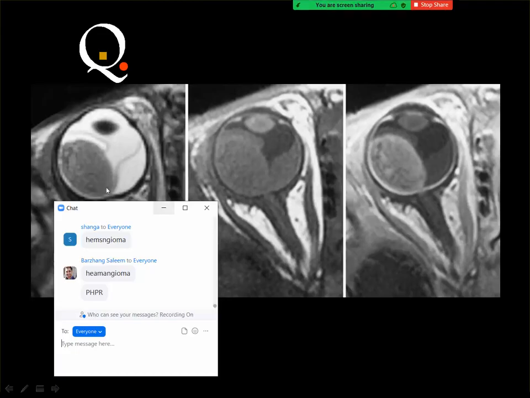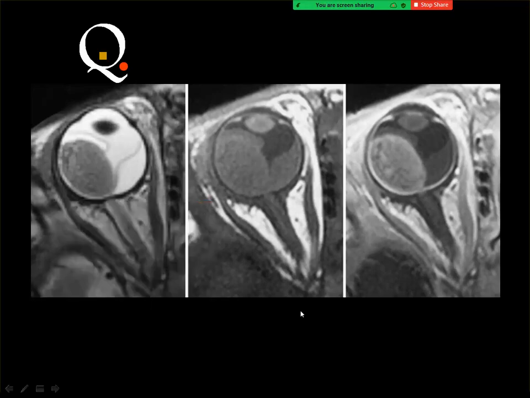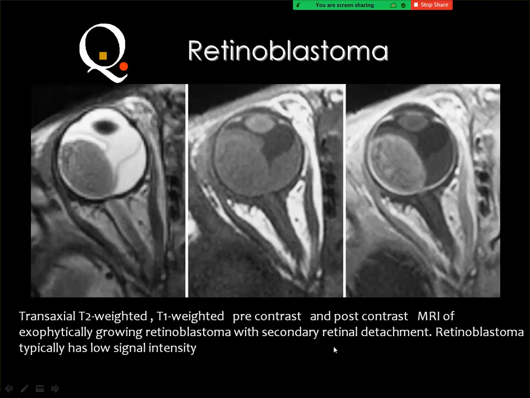There is a mass inside the globe, and in such a case, you should know the age of the patient because this will decide if it is retinoblastoma or a melanoma. And if you know that this is a pediatric patient, then you know that this is a retinoblastoma. I'm sorry that I didn't include the age of the patient in this case, but this is a retinoblastoma.